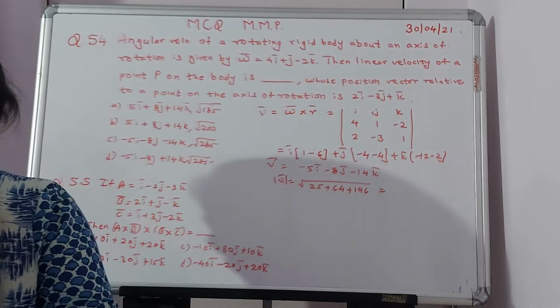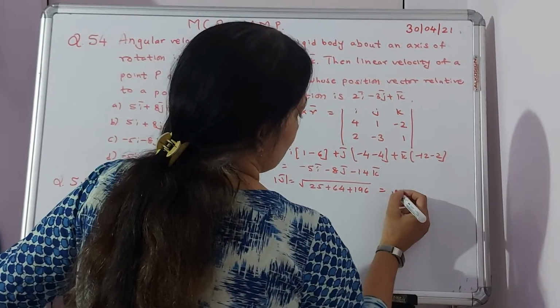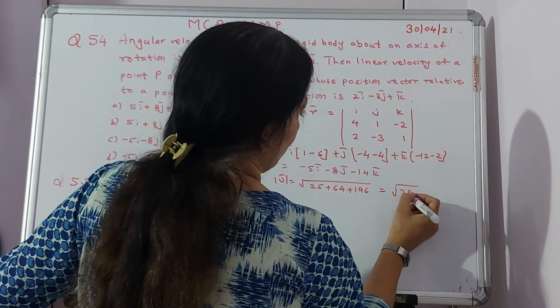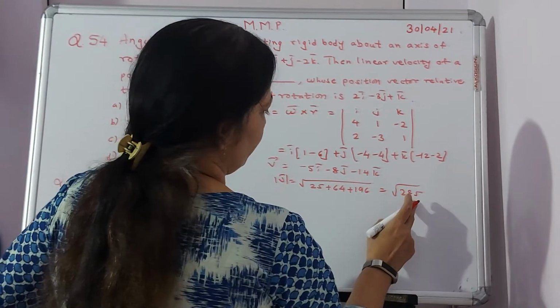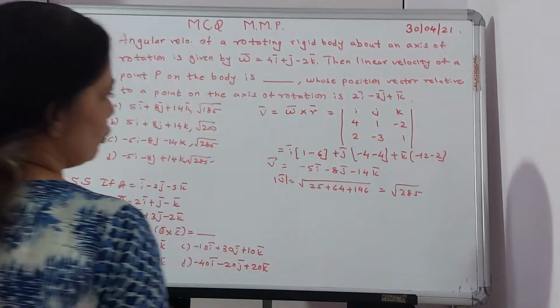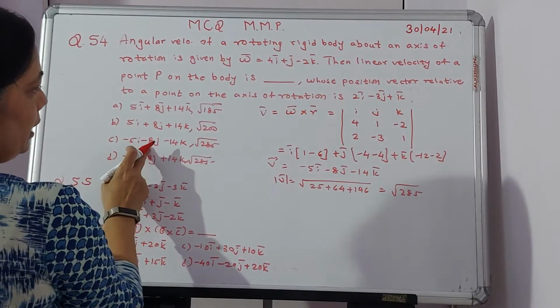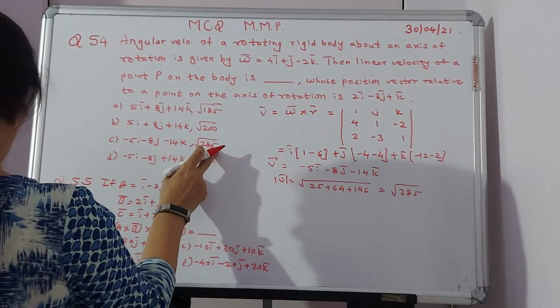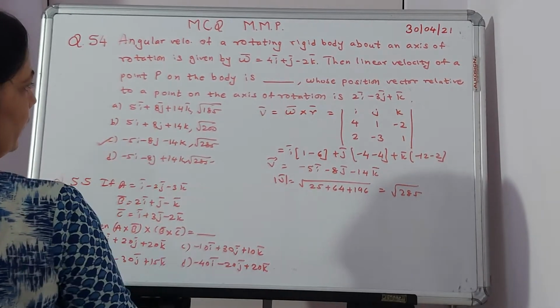So if at all I add all these values together, I will get the answer to be exactly 285. 6 plus 4 10 plus 5 15, carry 1, right. So therefore minus 5i minus 8j minus 14k and under root 285. So the answer C is correct in this case, correct.